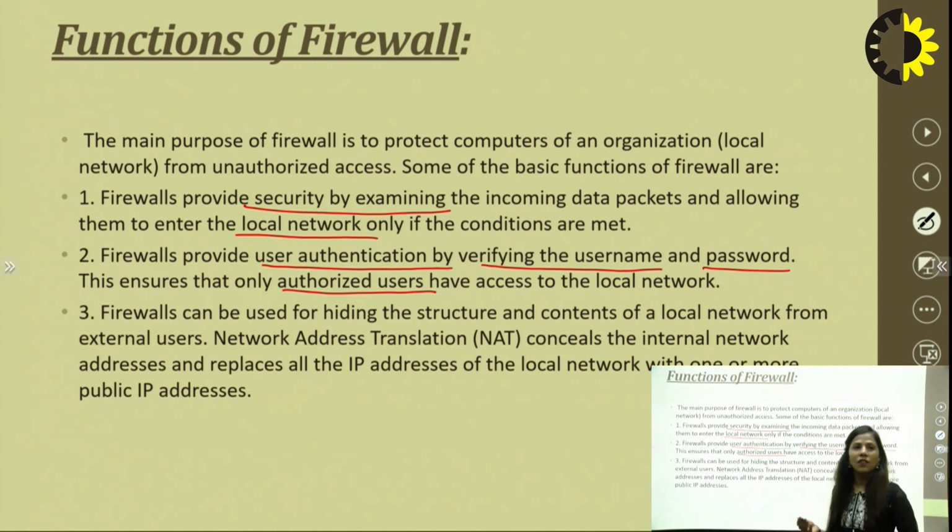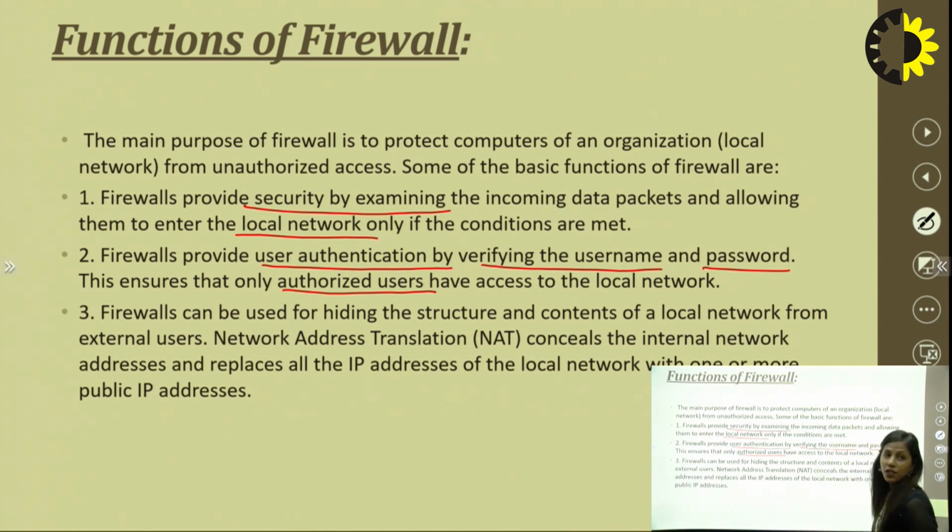If it is an unauthorized user, it will not provide permission to enter the local network, because we are working in a local organization in which users are defined, some people are authorized and some are unauthorized. So to avoid unauthorized access, we are using the firewall.